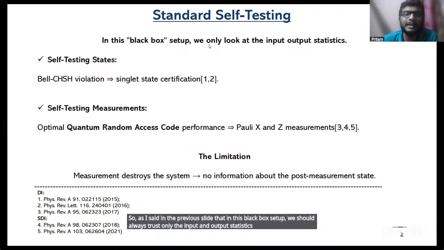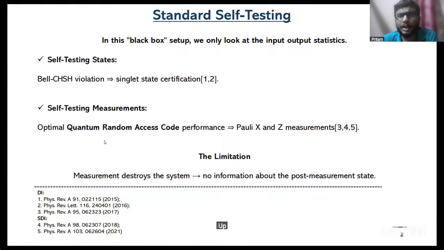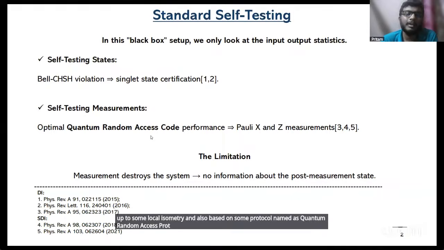Based on that, there are different standard self-testing protocols: based on Bell CHSH violation, we can say a state is singlet or not, up to some local isometry. And based on the maximum success of quantum random access protocols, we can say whether our measurement is a Pauli measurement or not.